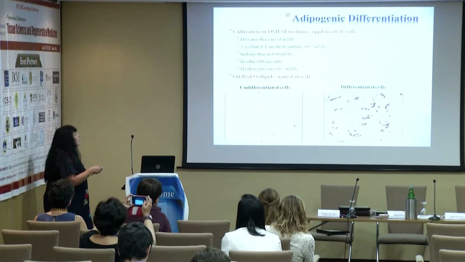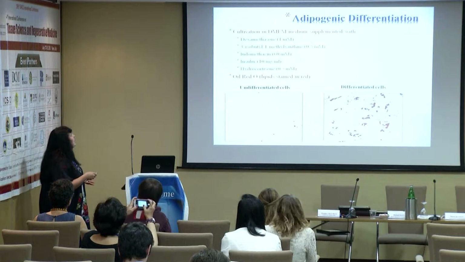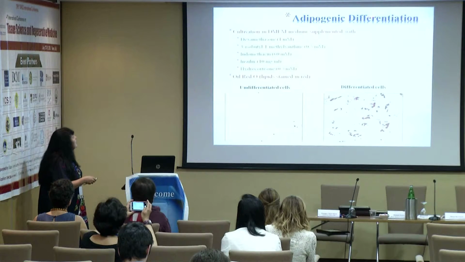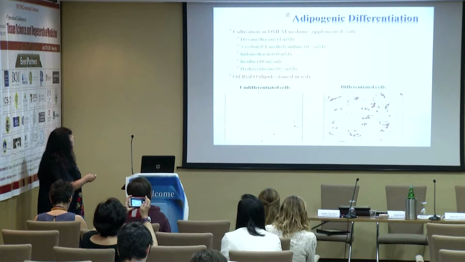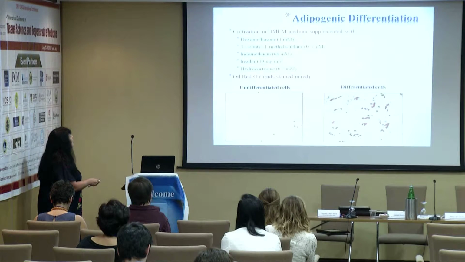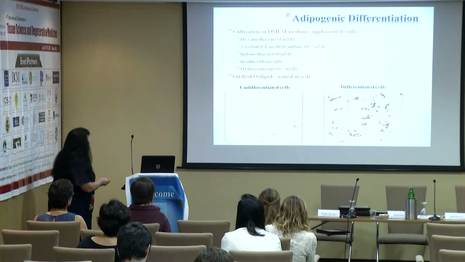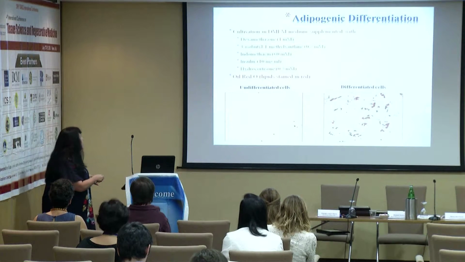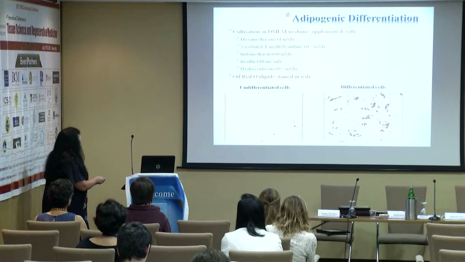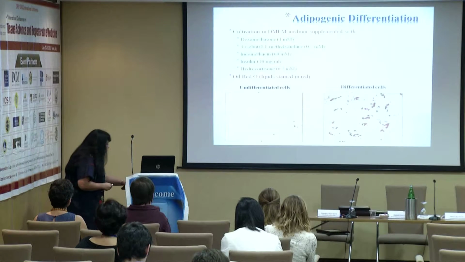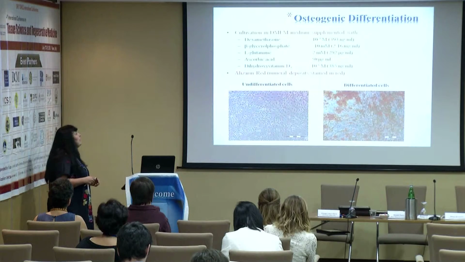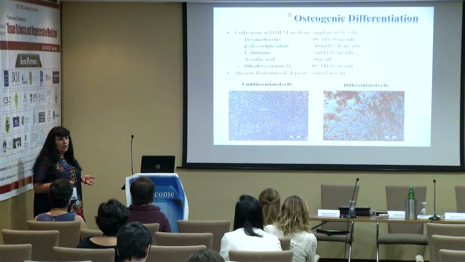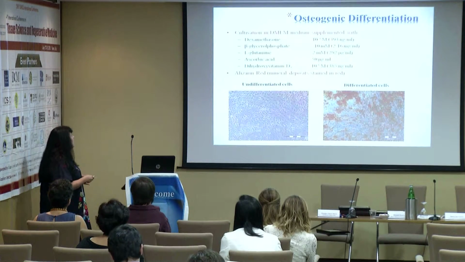We tried the most simple differentiation to fat tissue, fat cells, in specific medium containing dexamethasone, indomethacin, insulin, hydrocortisone, and you can see lipid droplets in the differentiated cells. They were stained by oil red. And we also tried osteogenic differentiation, which is considered to be relatively easy.